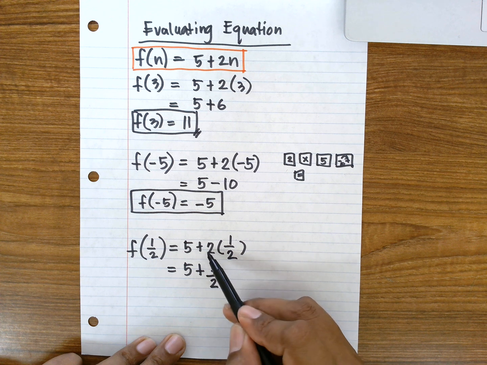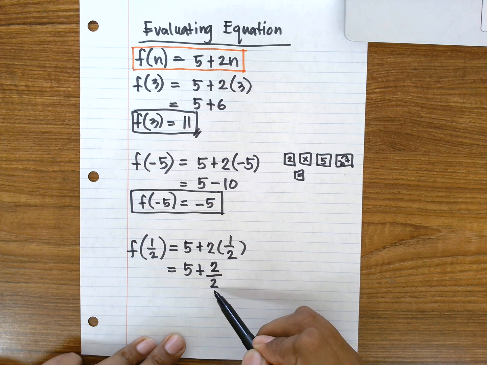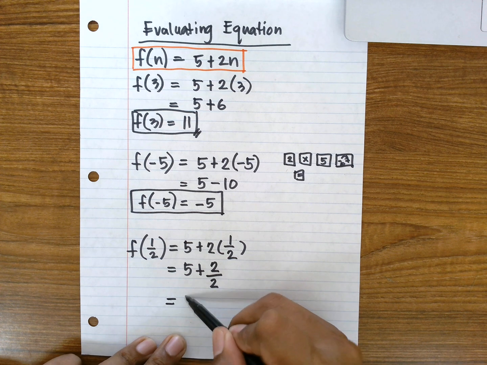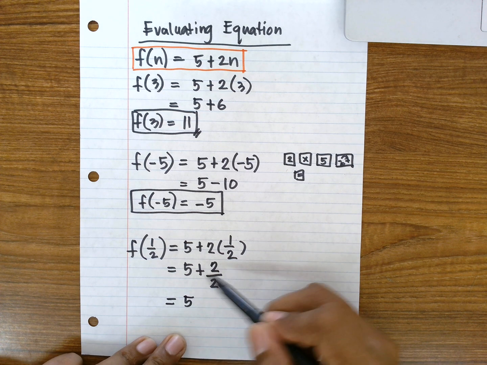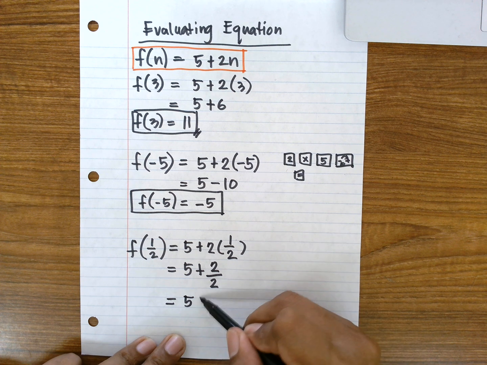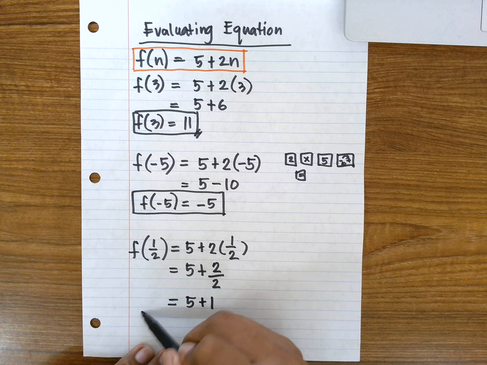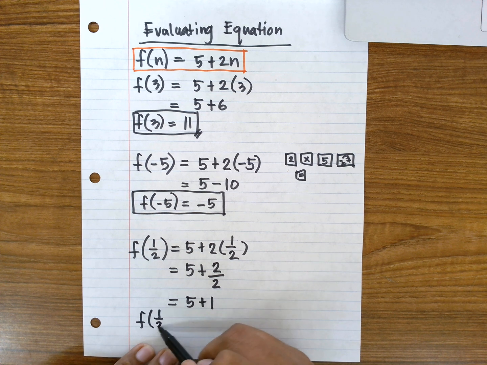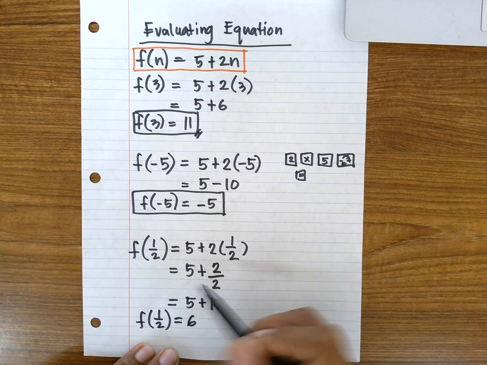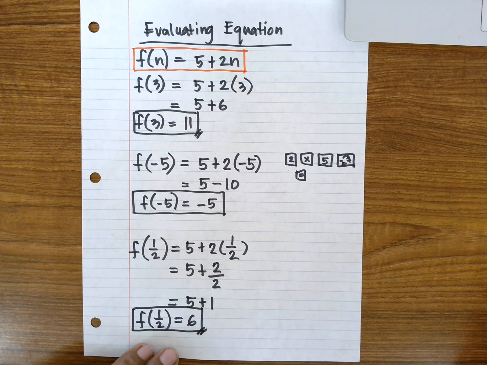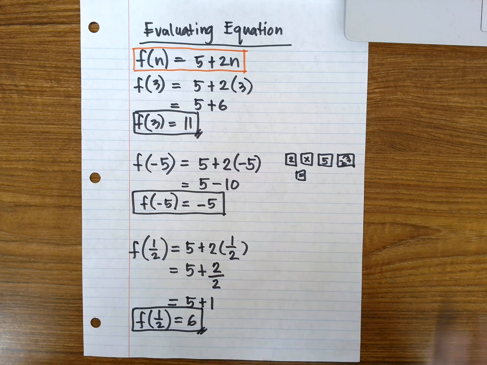Just multiply 2 to the numerator and then copy the denominator. Next, we have 5. We all know that when we divide 2 by 2, that will give you 1. So our final answer here is that when our n is 1/2, the value of our equation is positive 6. I hope it helps.